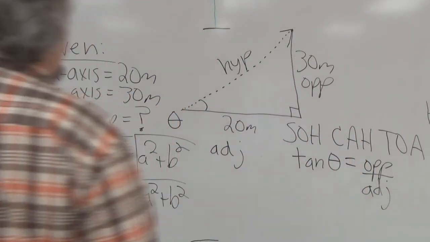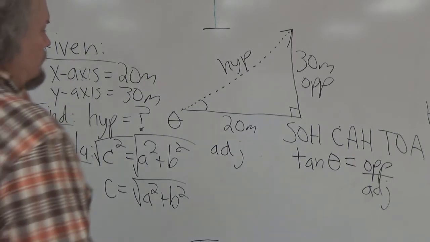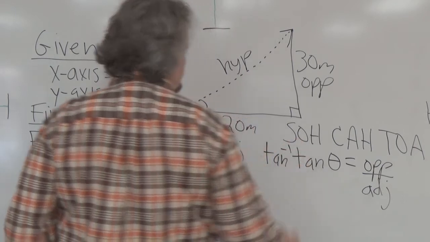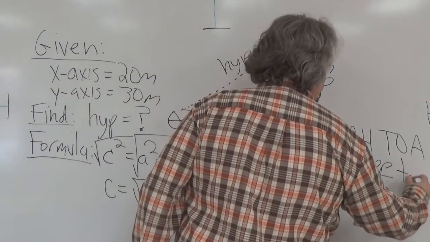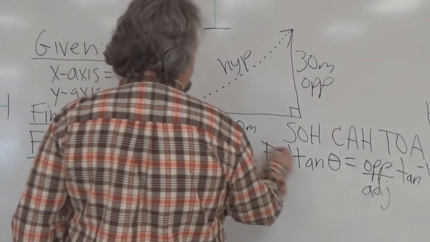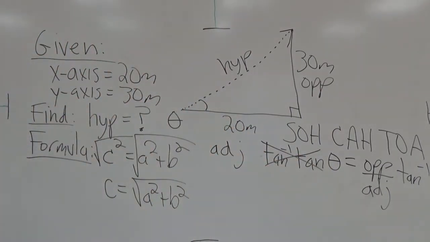Now, I don't want tangent angle, I just want angle, so I got to get rid of tangent. So I'm going to multiply both sides by inverse tangent. So tangent times inverse tangent is eliminated. It cancels out. So our formula for angle is inverse tangent of opposite over adjacent.